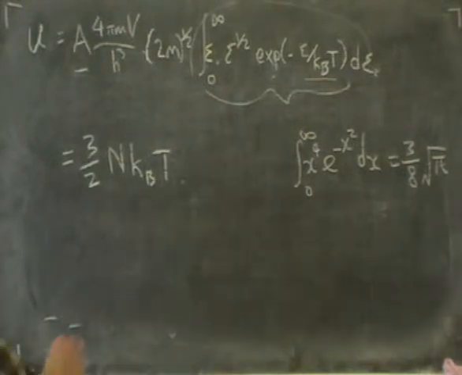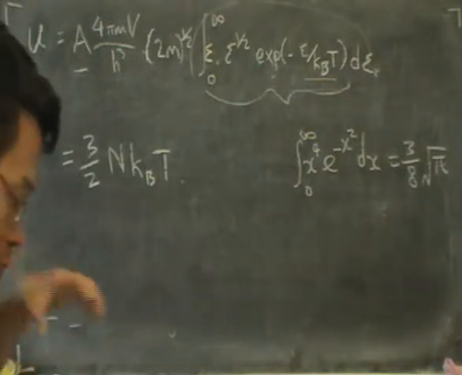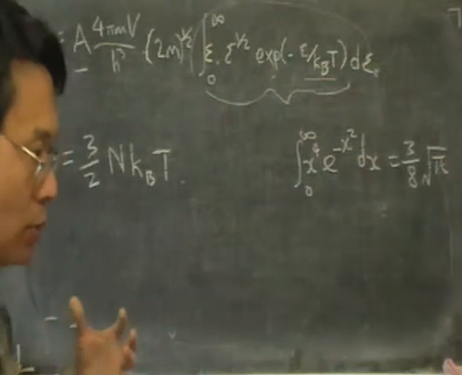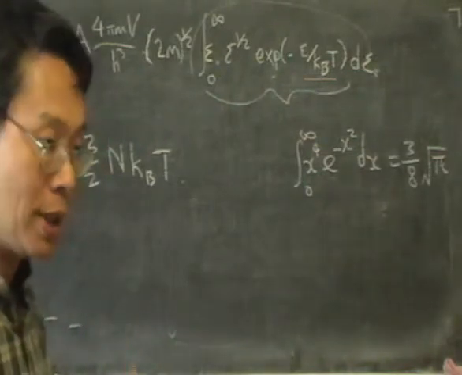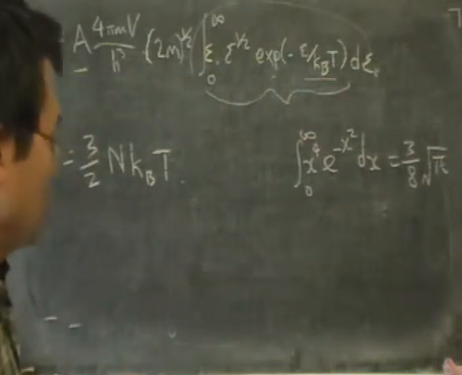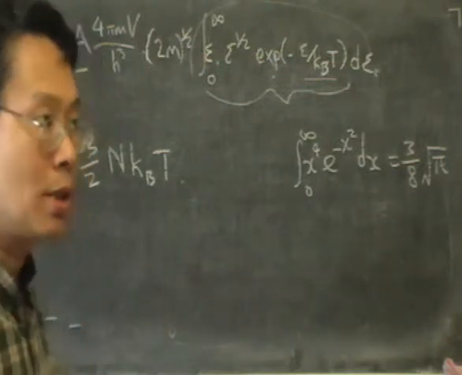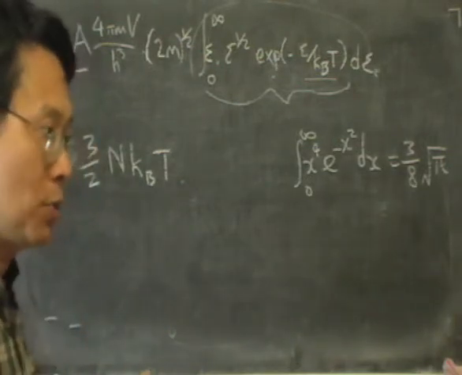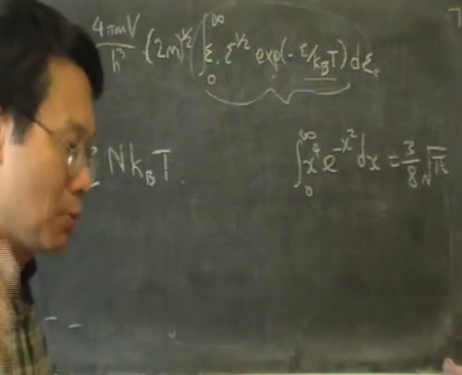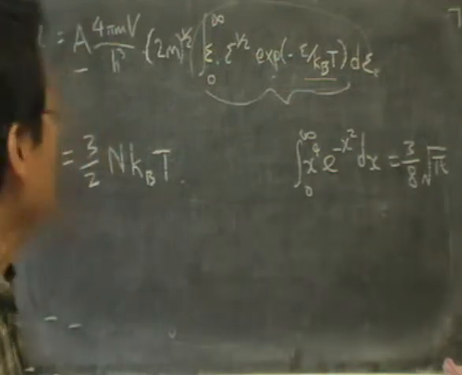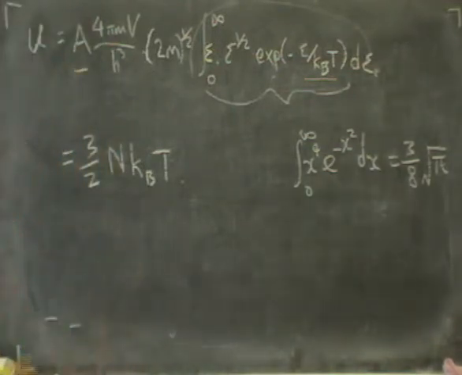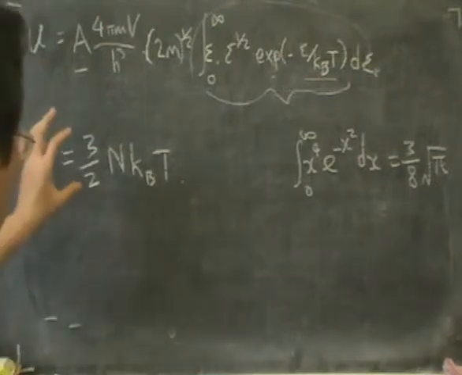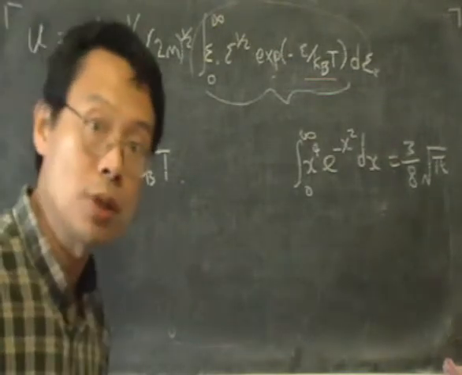So what we have now done is that we have started from first principles, from the energy levels, and by maximizing the number of arrangements subject to the constraints that number of particles and total energy must be fixed, we have actually derived the correct formula for the total energy.